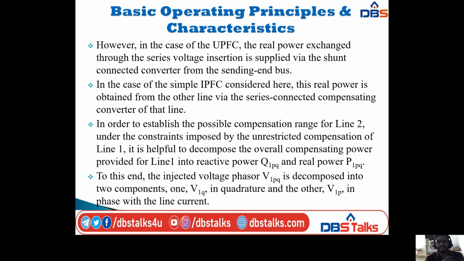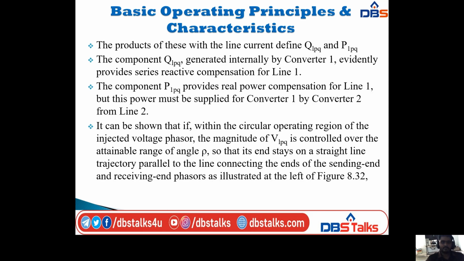To this end, the injected voltage phasor, that is V1PQ, is decomposed into two components: one is V1Q in quadrature and the other V1P in phase with the line current. So the products of these with the line current define Q1PQ and P1PQ.